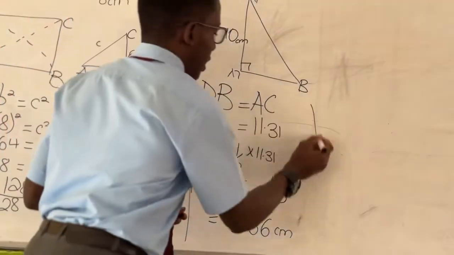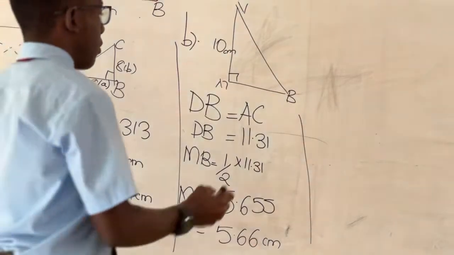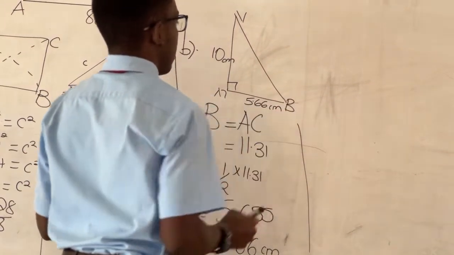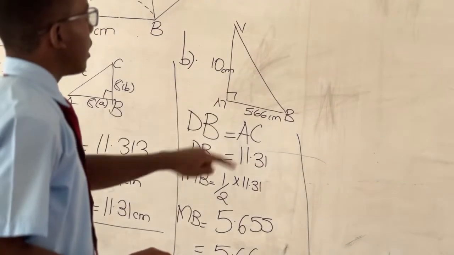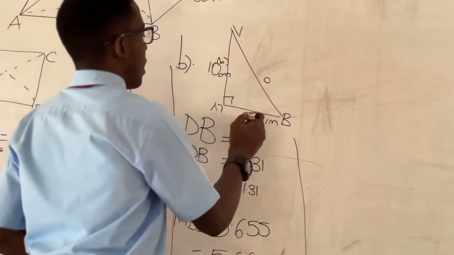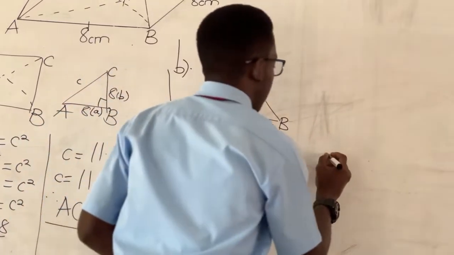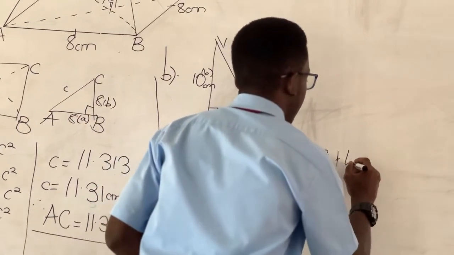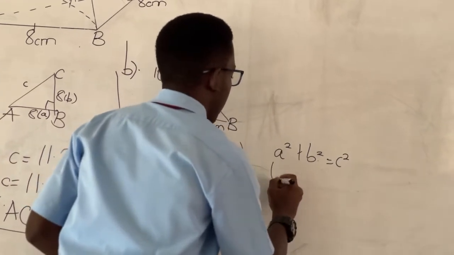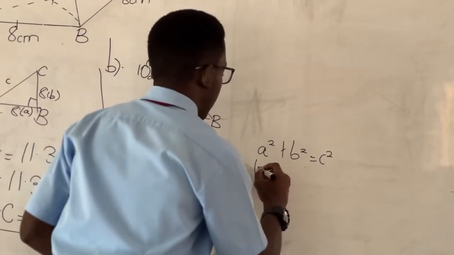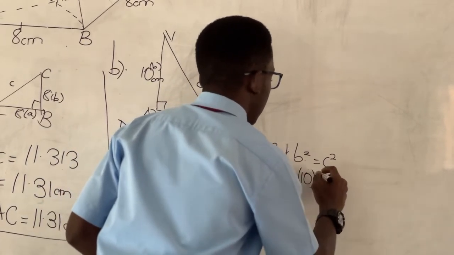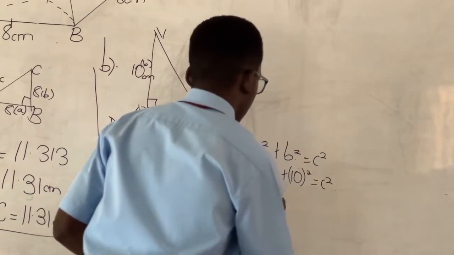Now we have this as 5.66 centimeters. We're finding VB. This is C, this is B, and this is A. So we say A squared plus B squared is equal to C squared. And so our A squared is 5.66 plus B squared, which is 10, is equal to C squared.